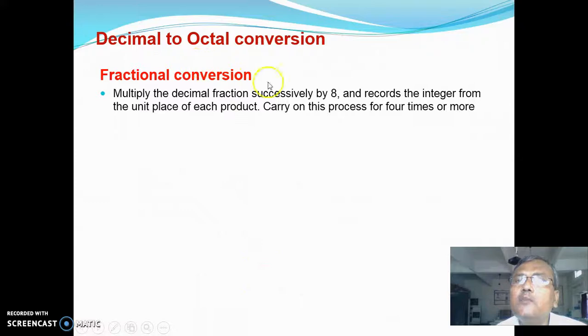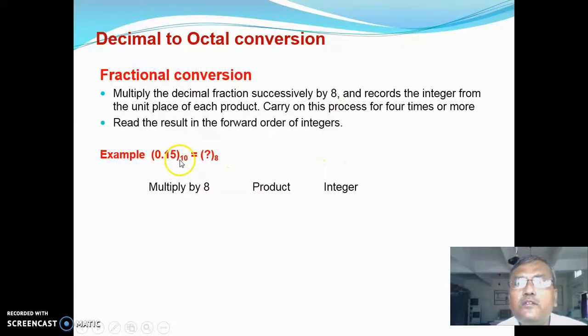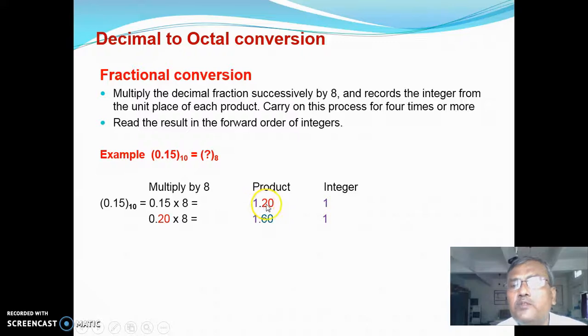Now consider the fractional part. Again the procedure is the same as that used in decimal to binary conversion. Here we multiply by 8, since the base is 8, and record the integer part in forward order. So, for example, consider 0.15 to the base 10 is equal to what to the base 8 here. We multiply 0.15 by 8 and write down the product, that is 1.20, and the integer part is 1 here.